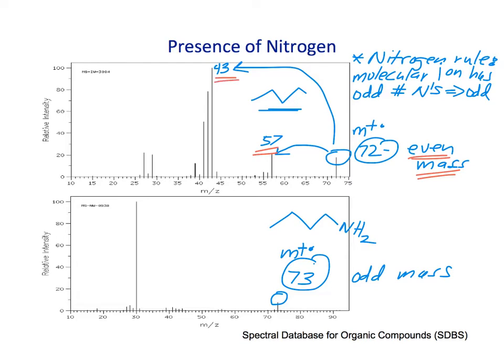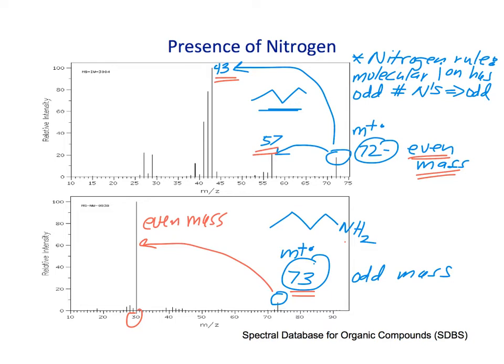Notice in the spectrum of the amine, we go from an odd mass molecular ion to 30. This has an even mass fragment ion.